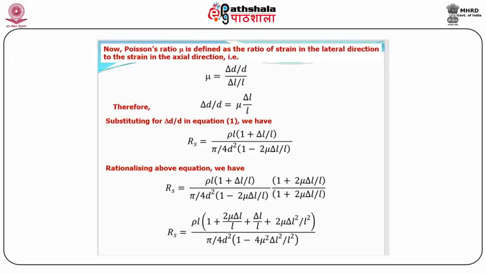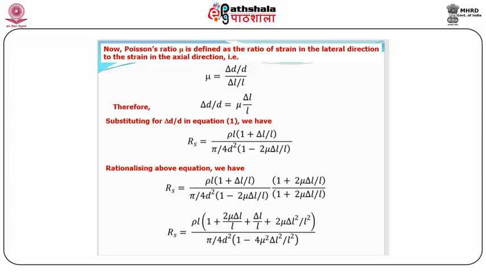That is, mu is equal to delta d by d divided by delta L by L. Therefore, delta d by d will be equal to mu delta L by L. So substituting for delta d by d in equation 1, which was previously discussed, we get Rs equal to rho L multiplied by 1 plus delta L by L divided by pi by 4 d square multiplied by 1 minus 2 mu delta L by L.